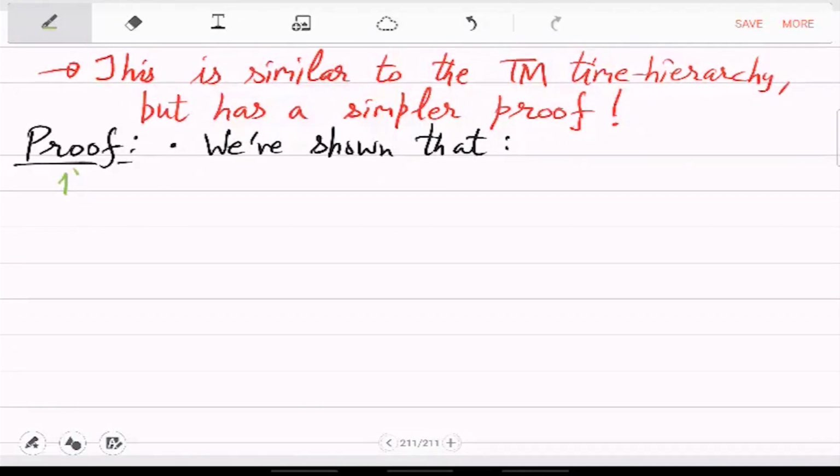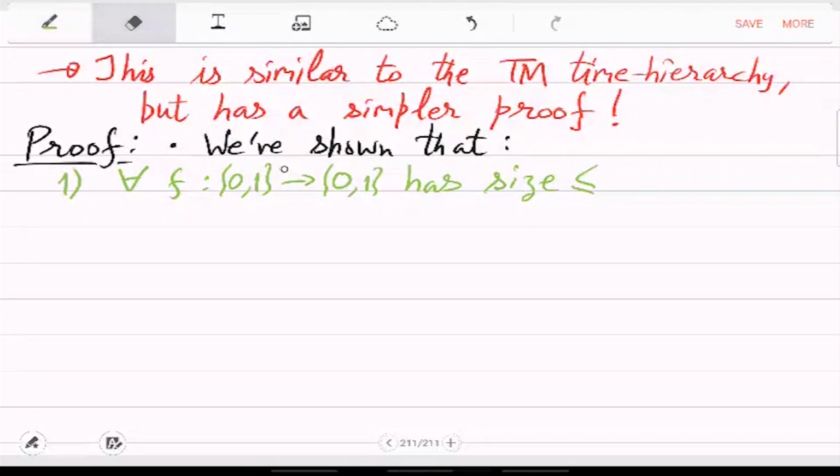Number one, every function has circuit size less than or equal to... let me change the notation and call this L. So every function on L bit inputs has size at most 2 raised to L times L.